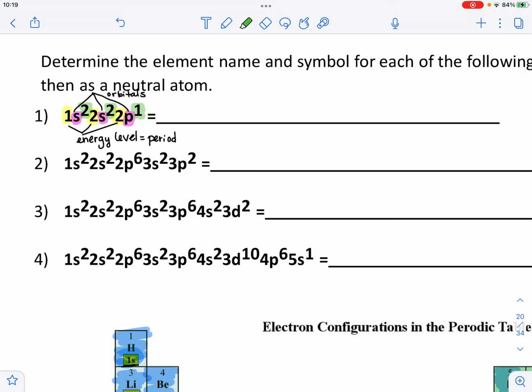And these digits, let me use a different color, that I'm circling in orange are going to be the electrons in an atom.